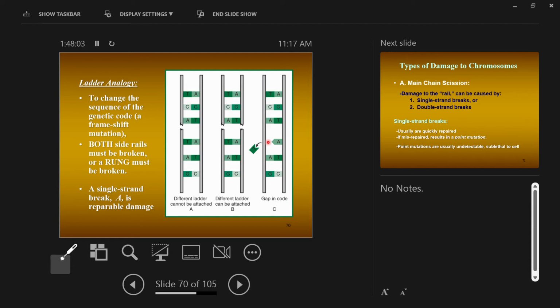So damages to the rails. Two types of damage to the rails: single strand or double strand breaks. Single strand breaks are repairable. Occasionally, the repair can be misrepaired and change the code at a single point, but more than likely these single strand mutations are repairable.